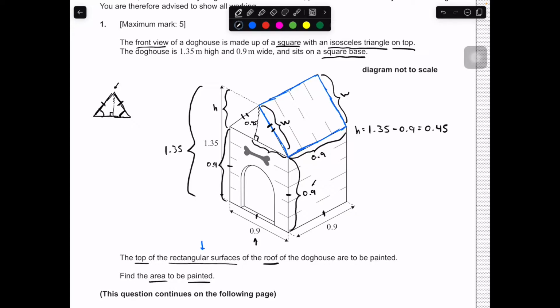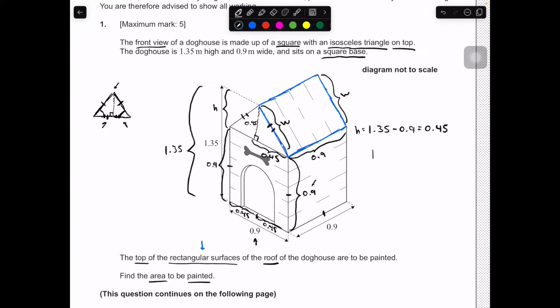And so if it's 0.9 and we know our isosceles triangle divides this up into two equal sections, so here's one section, here's another section, we know that this itself must be 0.45 and this itself must also be 0.45, because 0.9 divided by 2 is 0.45. So this is also the base of this portion of our right angle triangle.